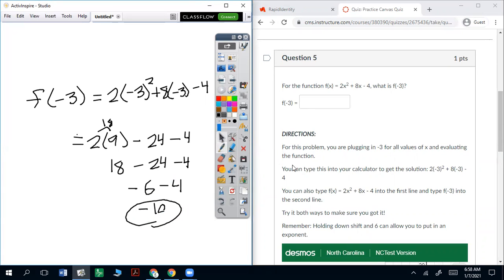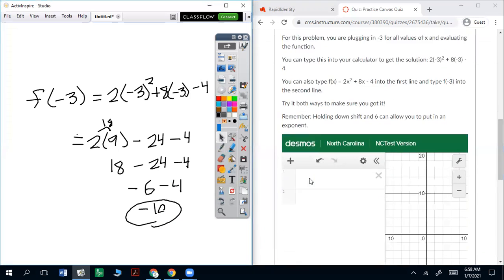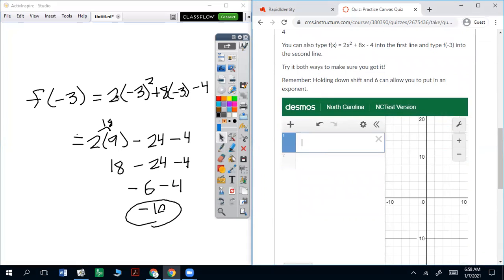And then we can also use our calculator if we'd rather not do that by hand, by doing this right here. 2 parentheses negative 3, shift 6 squared, plus 8 parentheses negative 3, minus 4. And there's your negative 10.